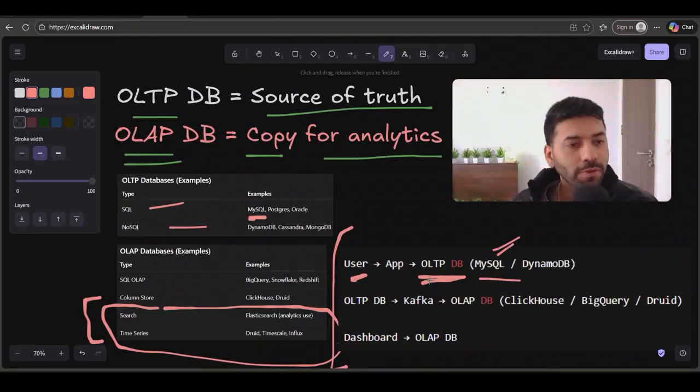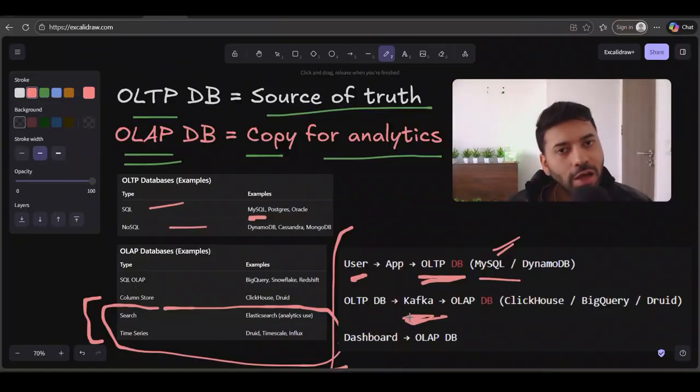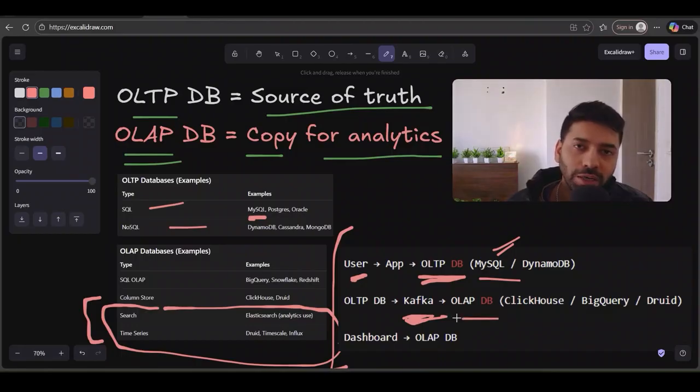And from OLTP, we will get the data as a copy in OLAP. How? We can use the jobs, we can use the pipelines, or we can also use the message queue like Kafka we mentioned here, correct? So from OLTP DB, the events or the topics are present in Kafka and those will be consumed by OLAP DB, and hence OLAP DB will get the copy of data which will be used for analytics, right?